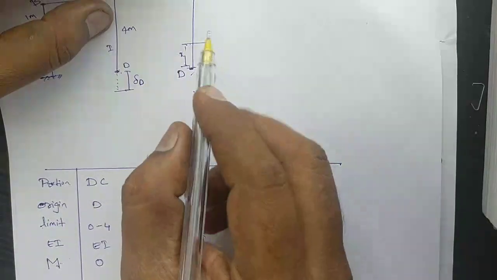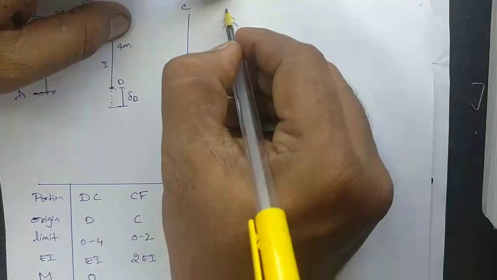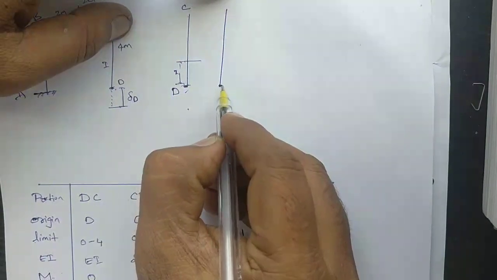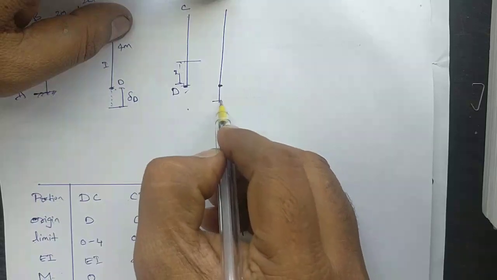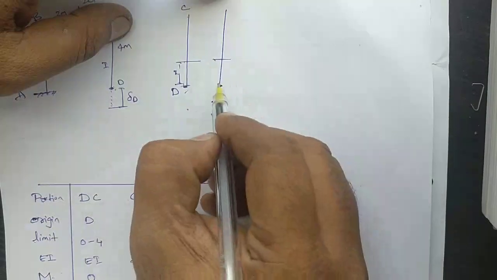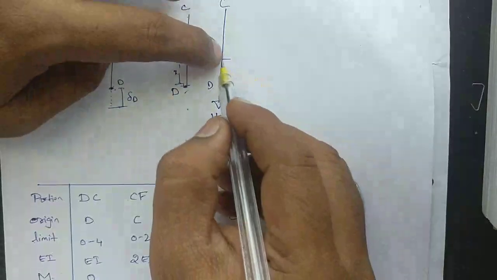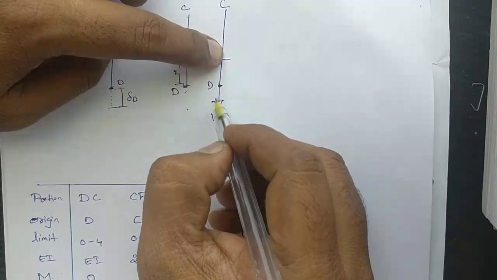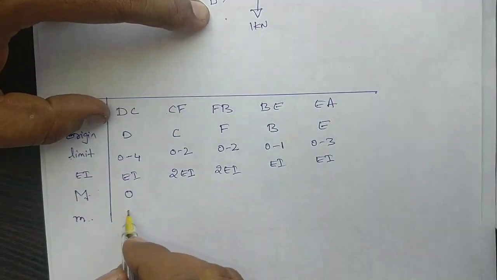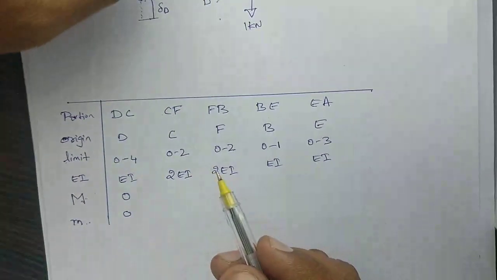You have to apply unit load at joint D. Now here I will be applying unit load 1 kilonewton. Again, if I take a section from D to C, because the load is acting along the line, you don't have moment m, that will also become 0. This is for DC.